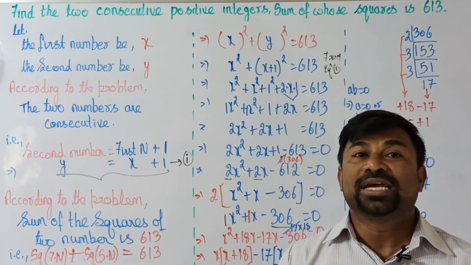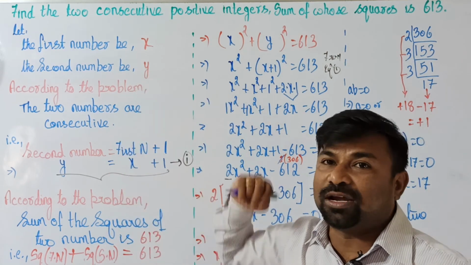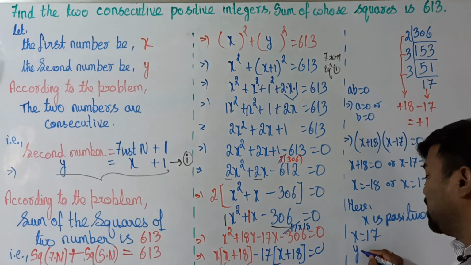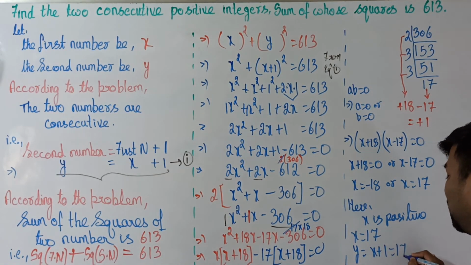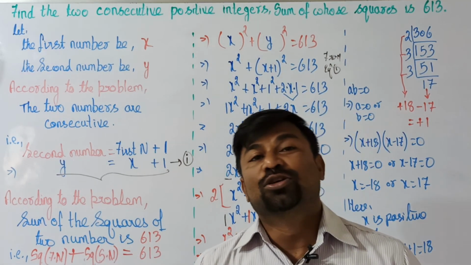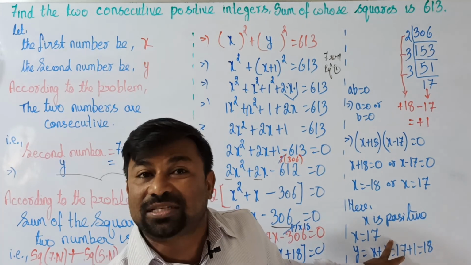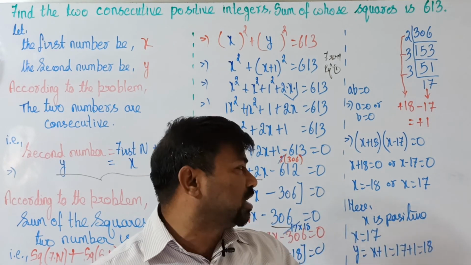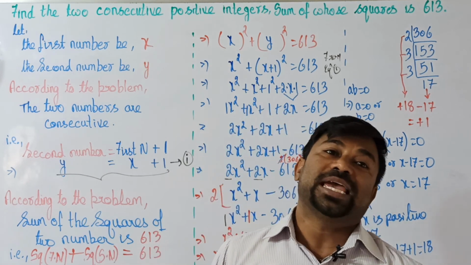But the next one, he's talking about the consecutive number. The consecutive number means, just now we said y should be the earlier number plus 1, which is 17 plus 1, which is 18. So what are the two numbers we got here? The first number is 17 and the consecutive number to that is 18. So the two numbers are 17 and 18.